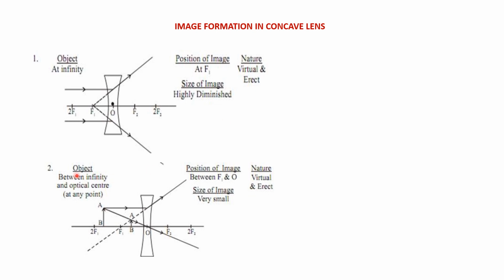Now the object is kept between infinity and the principal axis, anywhere on the principal axis. I have kept the object over here, between 2F1, the center of curvature, and the principal focus F1.